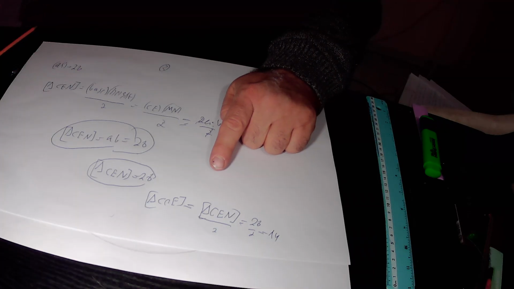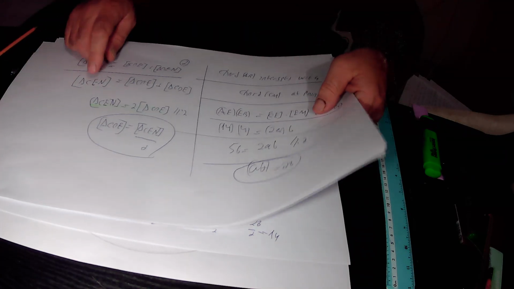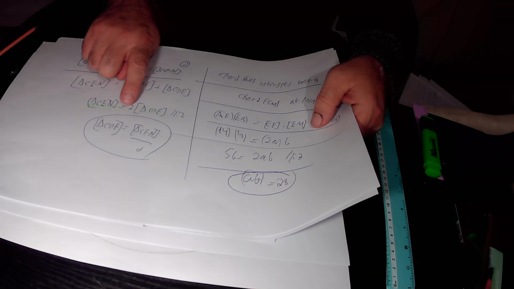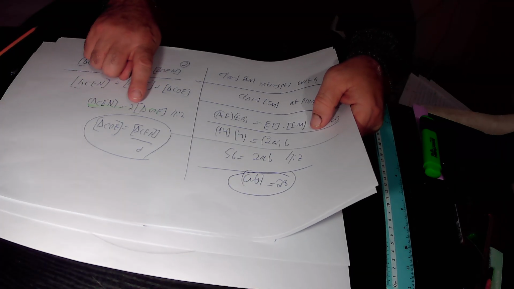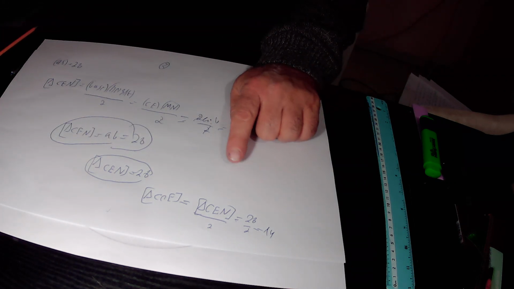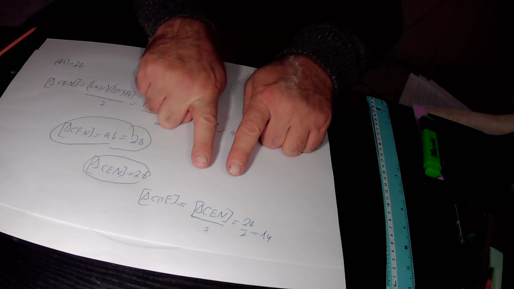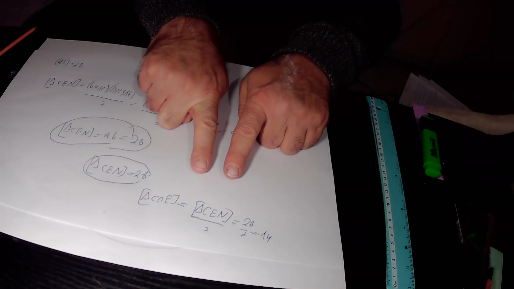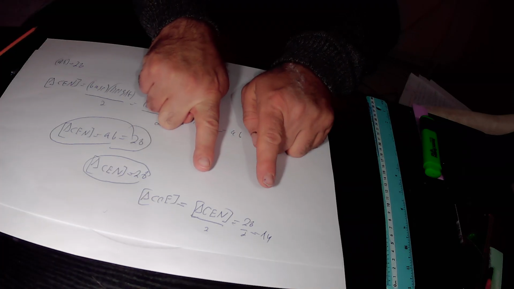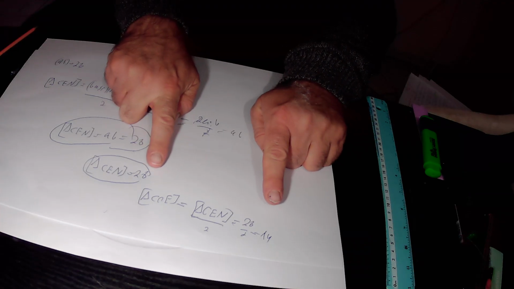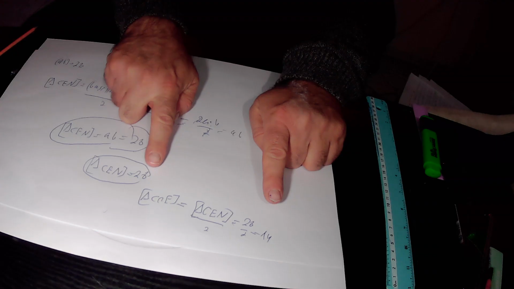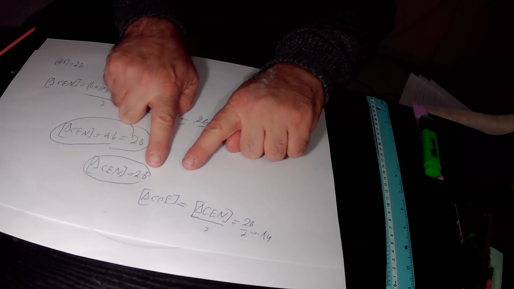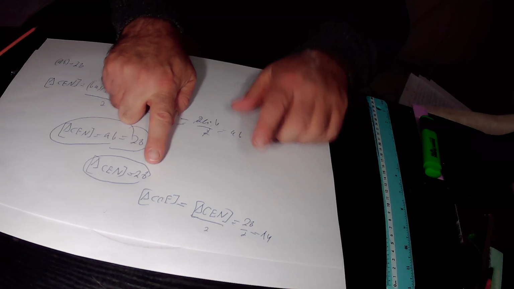But the area of the big triangle CN equals 28, so we can substitute 28 over 2. 28 over 2 is 14. So in total, we found that the area of the great triangle COE equals 14 square units.